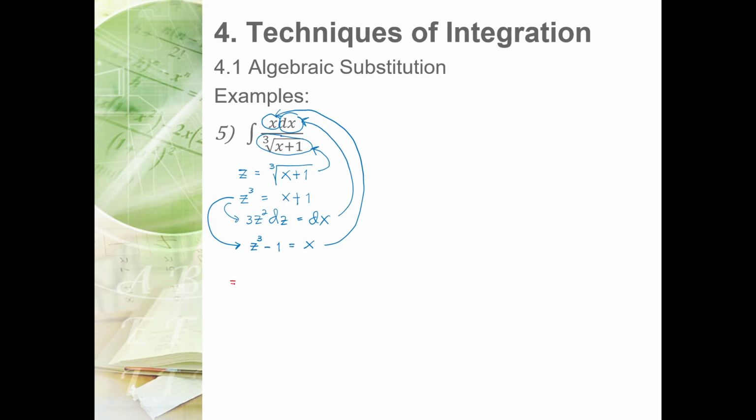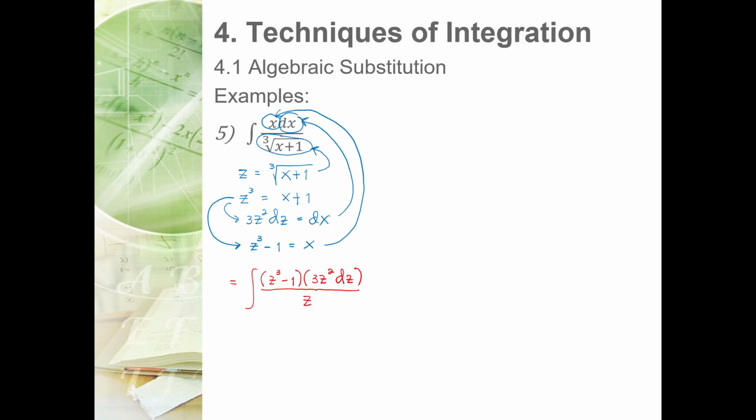So in the new format, your x variable in the numerator is z cubed minus 1. dx is 3z squared dz, all over our cube root of x plus 1, which is the z variable.